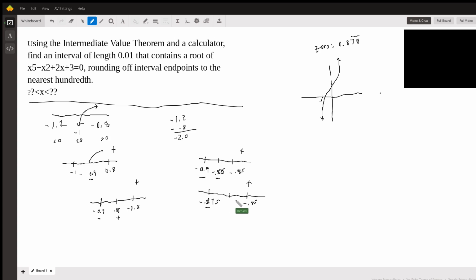It's -0.8625. And when I find that, you can see that it's positive. So then my next interval of interest would be -0.875 and -0.8625.